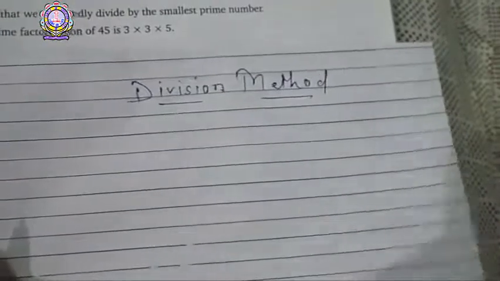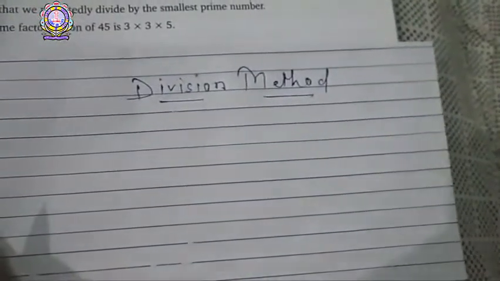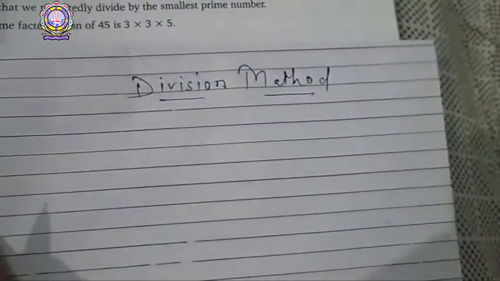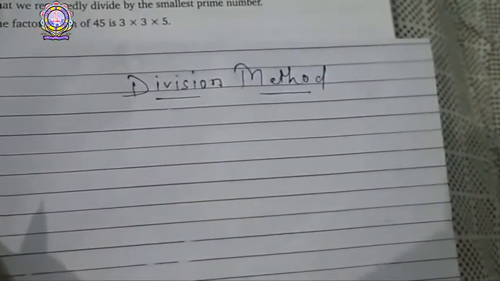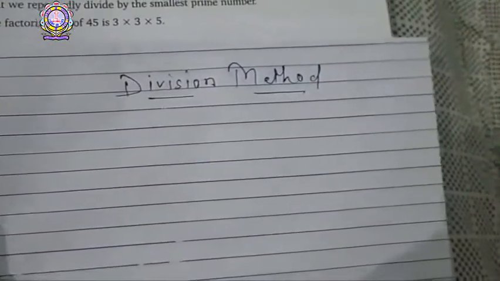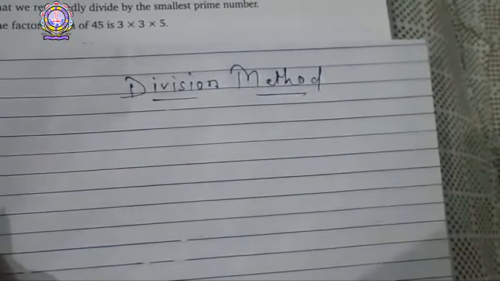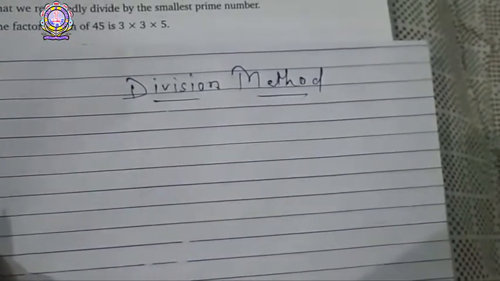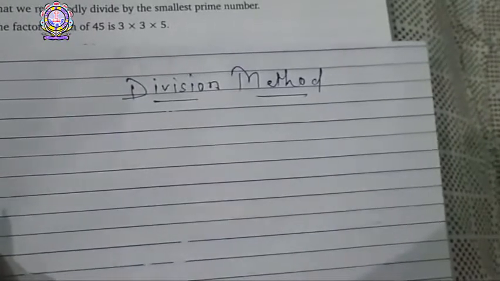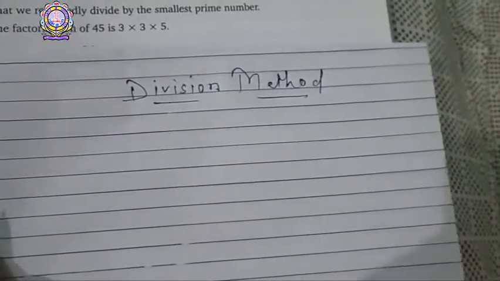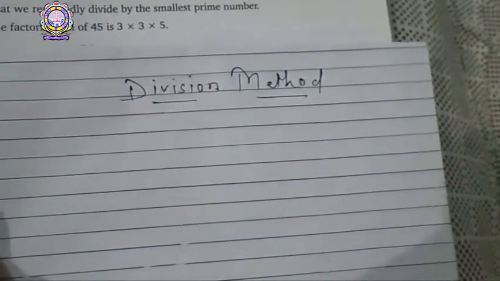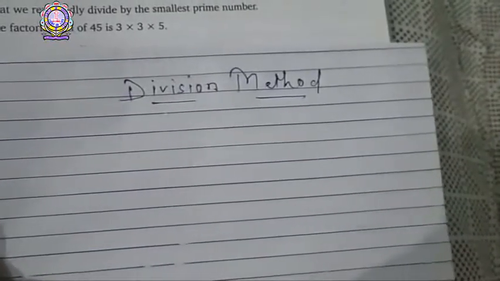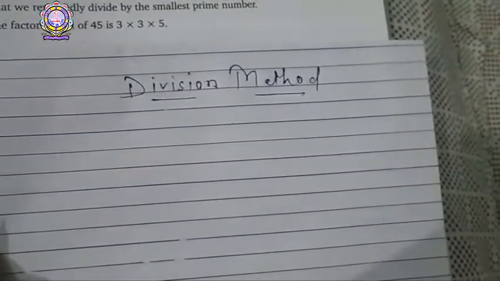In this method, we start dividing the given number by the smallest prime number. You know the smallest prime number? The smallest prime number is 1. So, we start dividing the given number by the smallest prime number. Sorry, 1 is not a prime number. Smallest prime number means 2, 3. And continue the division by prime numbers till we reach 1.